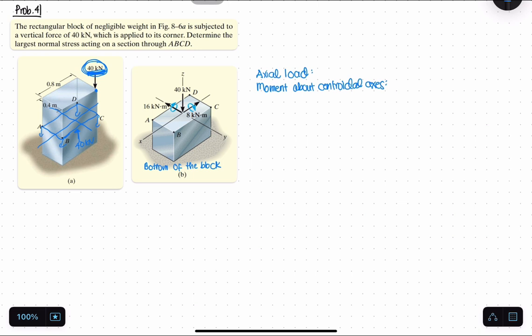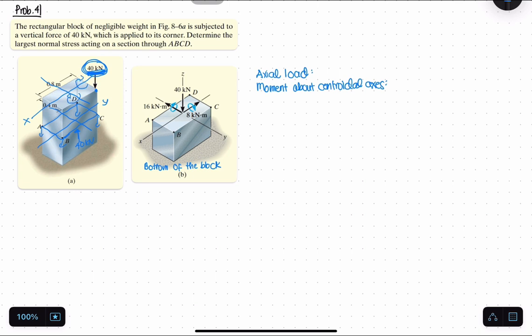Moment sa dalawang axis. Anong axis yun? Yung along X and then along Y. Okay, so yung sa along Z, wala siyang ma-produce na moment doon kasi parallel yung force natin sa axis na yun. So, yung isang moment along X, yung isang moment naman along Y.